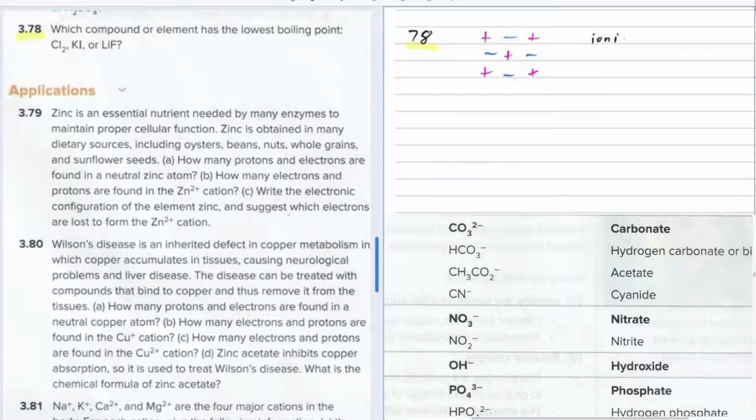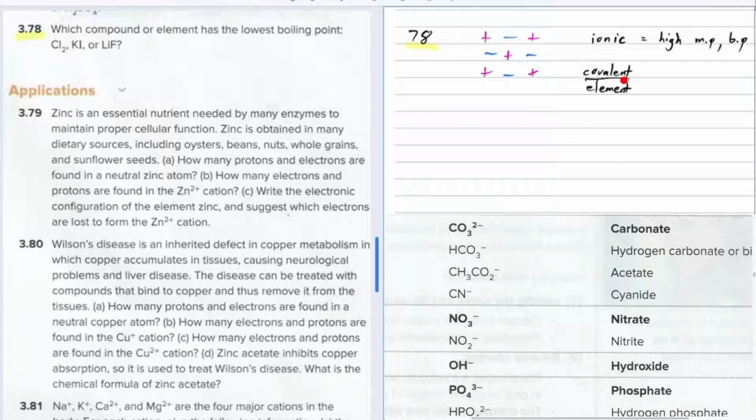Ionic compounds have high melting points and boiling points. And then covalent compounds and elements are not made of ions. Those are made of atoms and molecules.